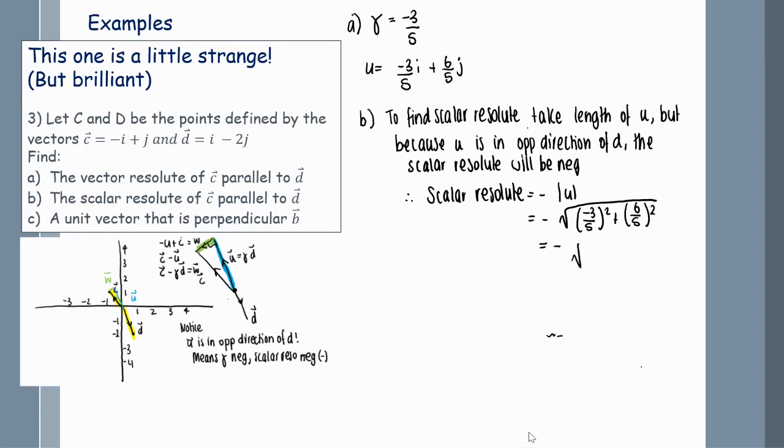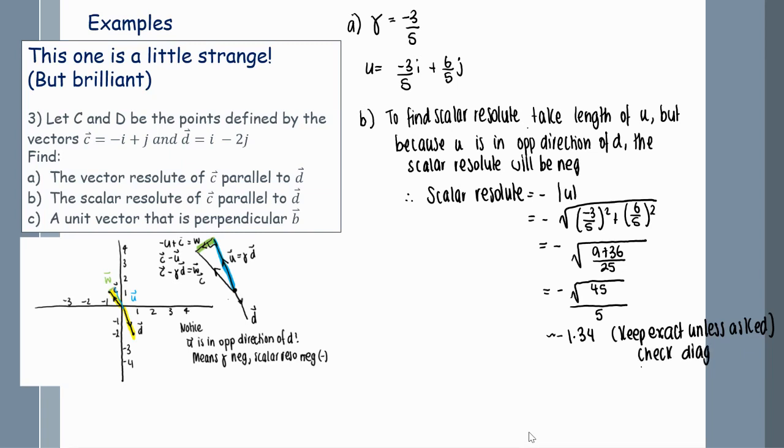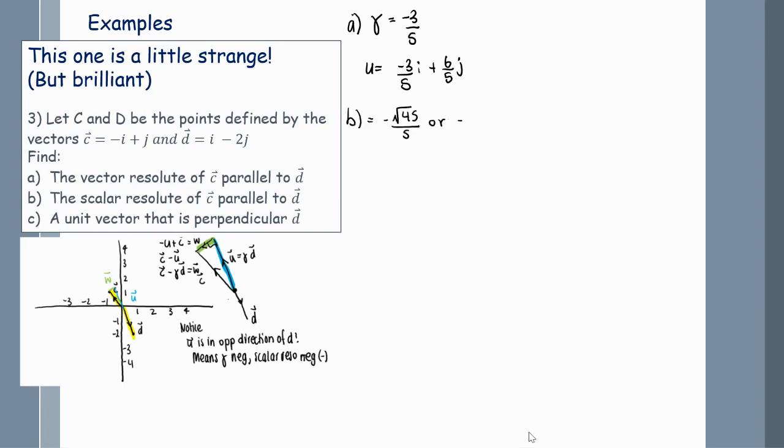When we simplify that square root, the scalar resolute is equal to minus the square root of 45 on 5. And although in an exam you would keep it in exact form, I just wanted to approximate this to minus 1.34 so I can verify that the length and direction makes sense with our diagram. And it does. The length of U seems to be just over 1 unit long. And again, it's negative. That makes sense because it's in the opposite direction of D.